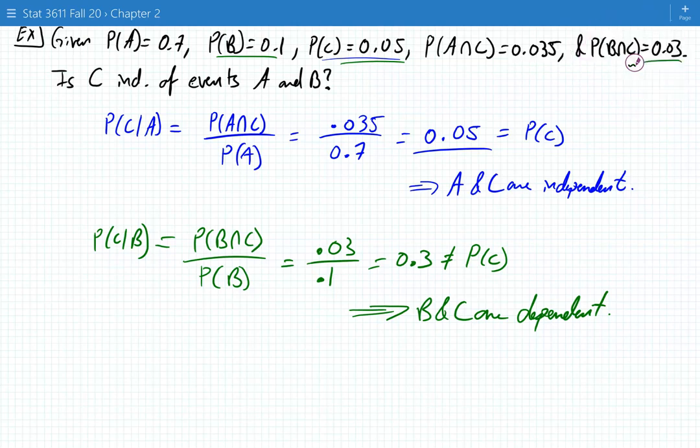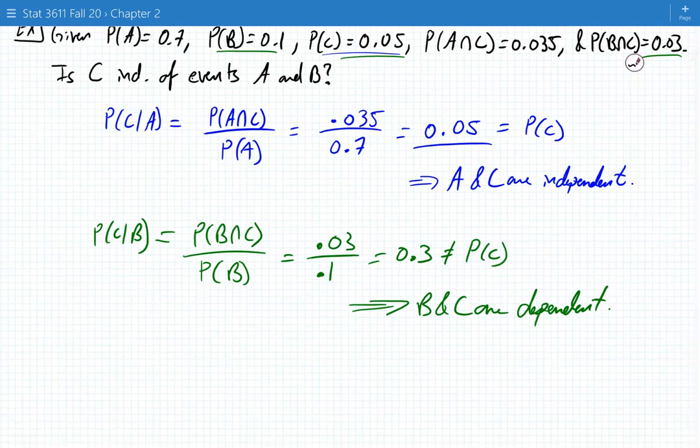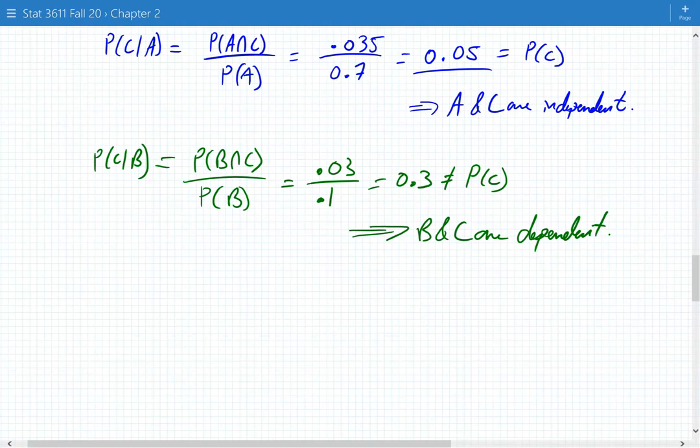All right, so just a little bit of basics there on independence. Now, one thing we commonly do here is manipulate this relationship between the conditional probability and this ratio of probabilities, the intersection probability over the probability of the given event.